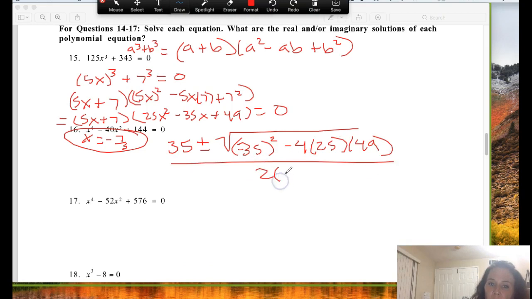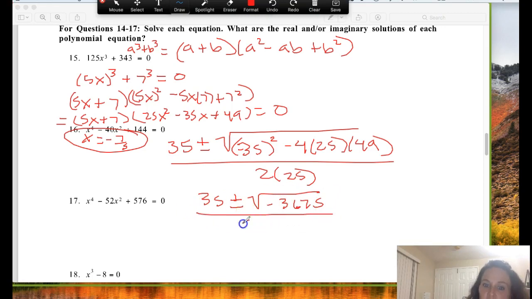You got to know the quadratic formula here. Simplify this. What a big blob. Negative 35, square it, do the subtraction. I work this out, and this stuff in here becomes negative 3675. Now, when it's negative, you know it's imaginary, and that's all over 50.